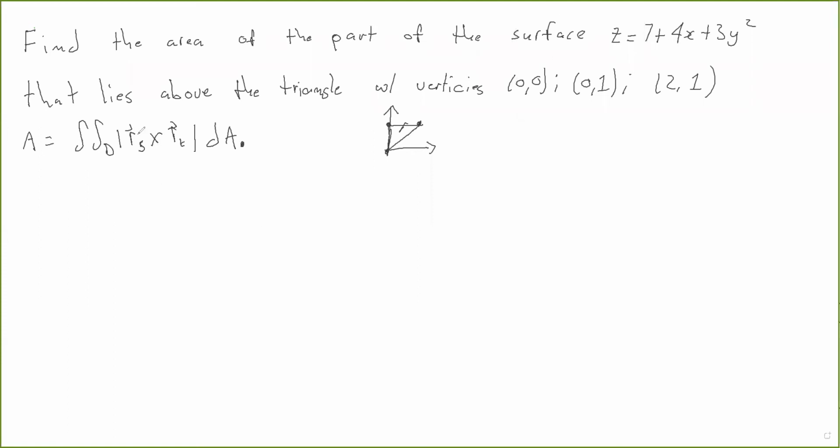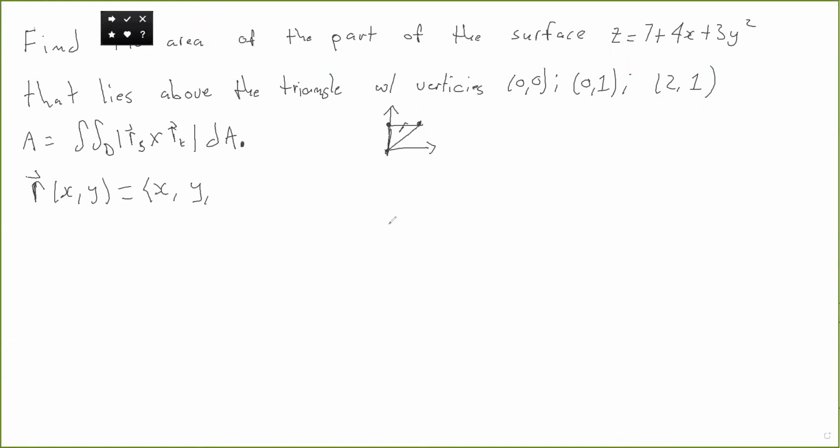Okay, so now we need to fill in this information. The parameterization that we're going to use is just the standard one. The surface is a graph of a function, so we take the standard parameterization for the graph of a function. Oh, sorry, I'm making this problem easier than it is.